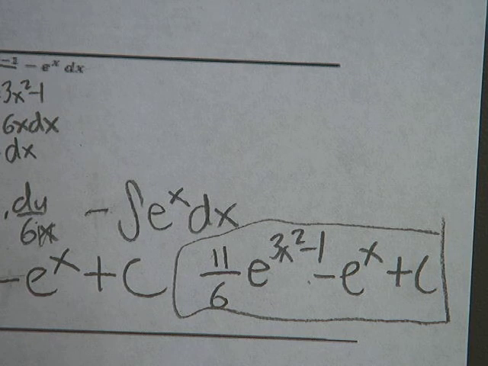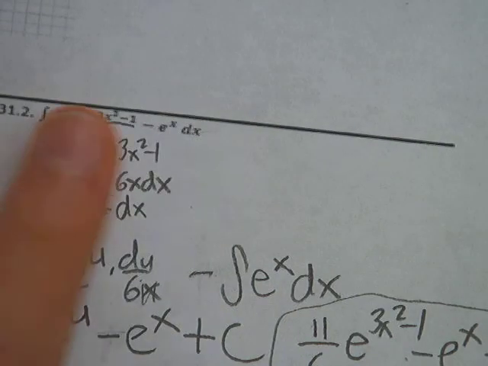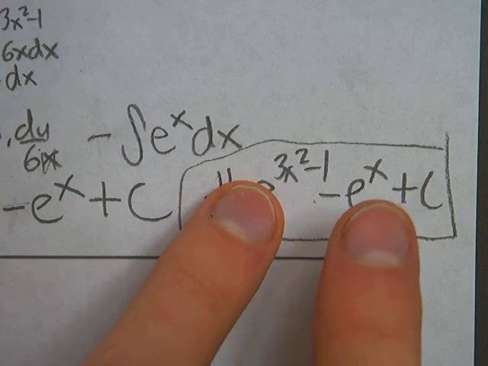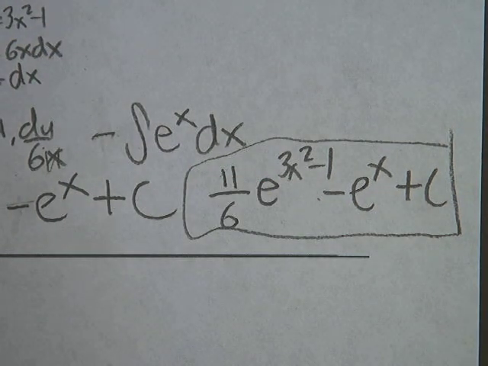That's it. So integrals and derivatives for e to the x functions are very simple. You always, always, always rewrite exactly what the problem was in the answer. If you notice here, we have an e to the x and we have an e to the 3x squared minus 1. So the exponential part, e to the 3x squared minus 1, e to the x, always shows up in our answer exactly the same.